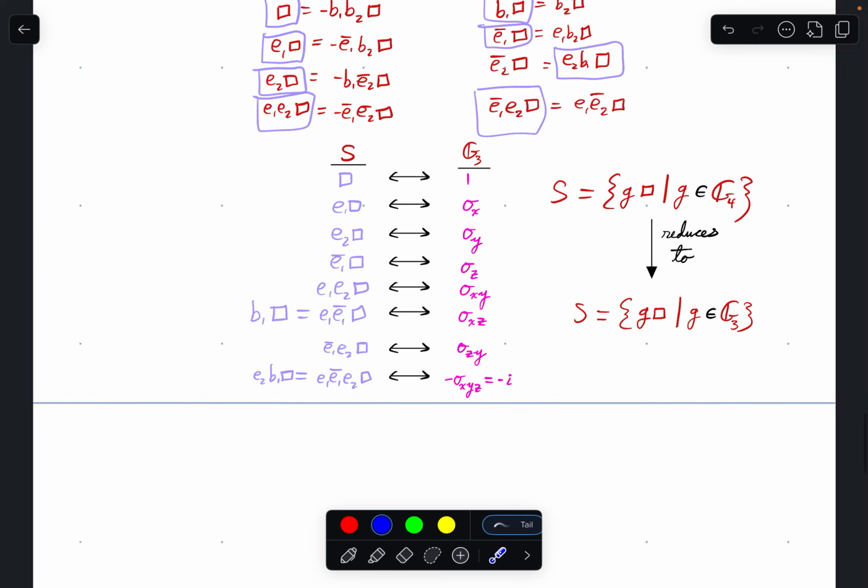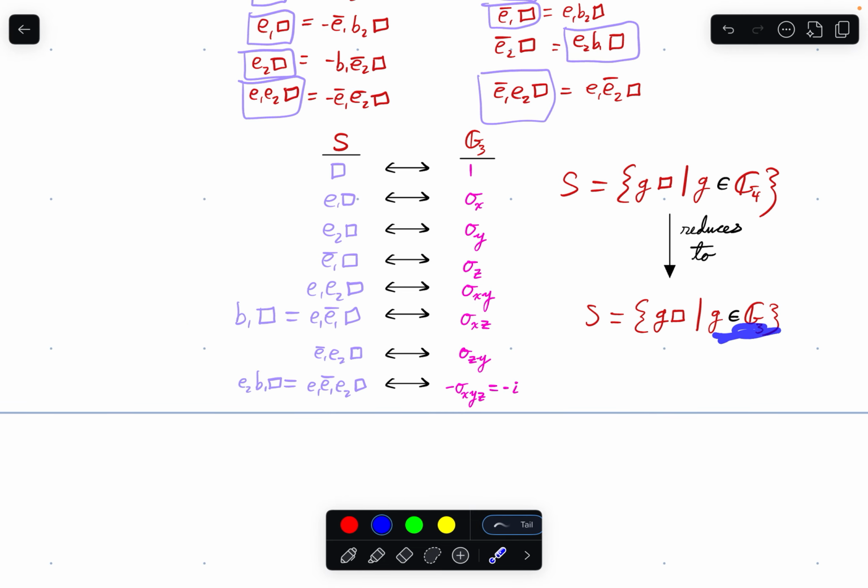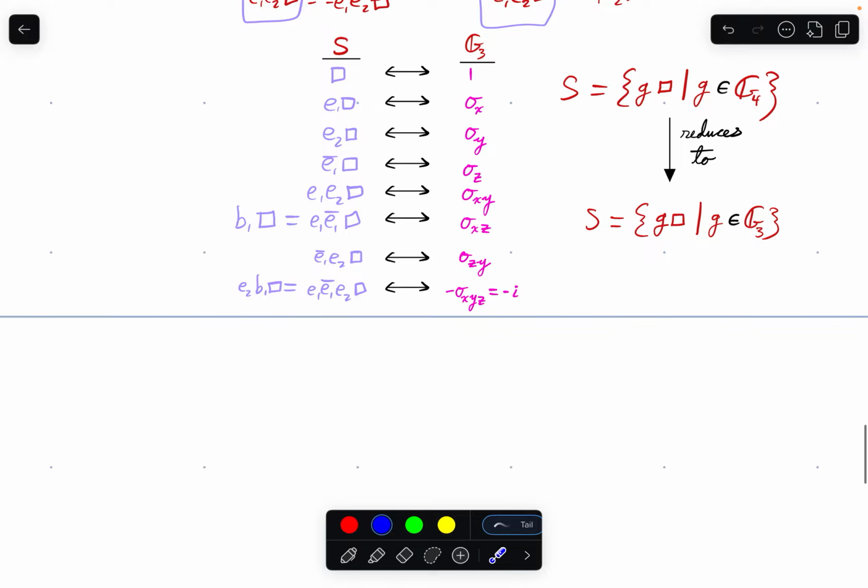We can say that it's an element generated by the E1, E2, and E1 bar, because we're essentially ignoring an entire degree of freedom, or 8 degrees of freedom, when we go to the spinor space. But then we can extract complex structure from this space.